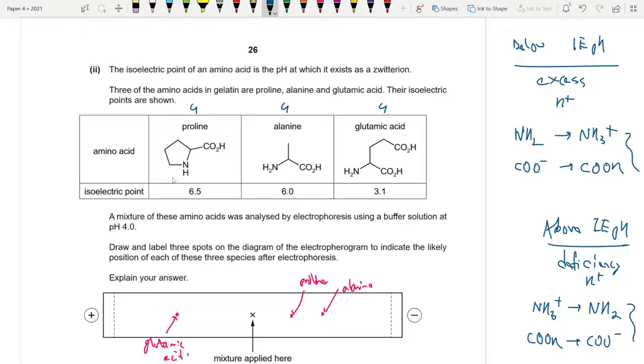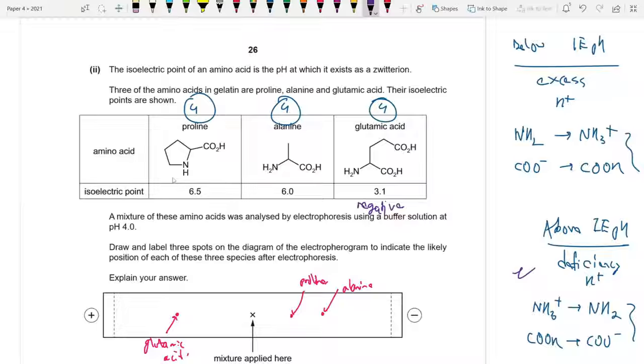Okay, so out of all these, glutamic acid has an isoelectric point below the pH we're using, which is 4, right? For glutamic acid, the pH used is above the isoelectric point, so it will have a net negative charge. Because there is a deficiency of H plus, 4 is comparatively a higher pH compared to its isoelectric point, so glutamic acid will try to fix that.